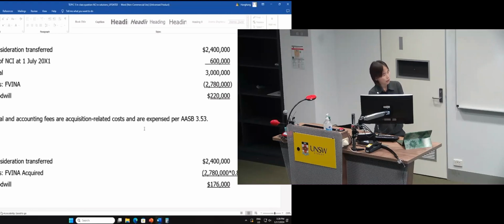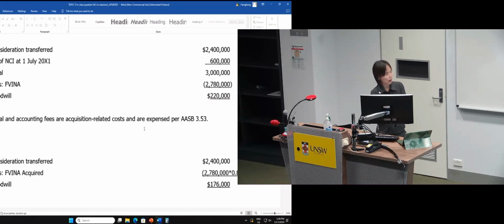Now if you subtract this number from the total goodwill, 220,000, then the difference represents the goodwill we allocate to NCI. So it depends on the requirement in the question. We may ask you to determine the NCI share of the goodwill under the full goodwill method, or we may ask you to calculate the goodwill acquired by the parent, right?